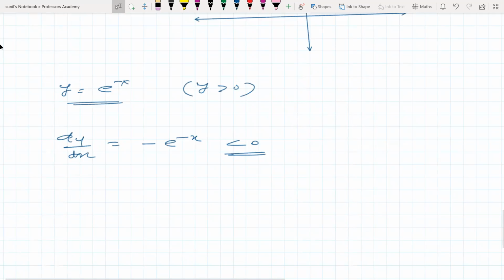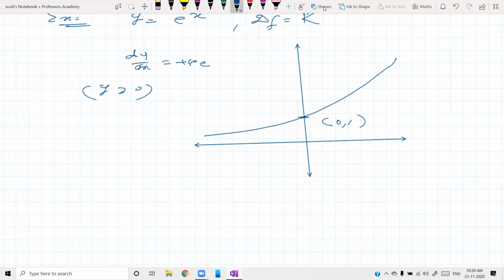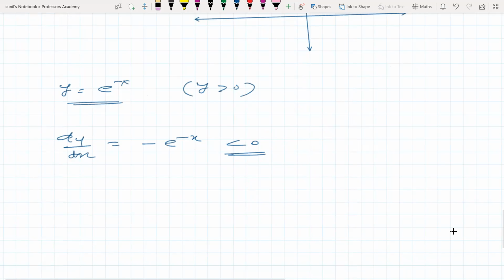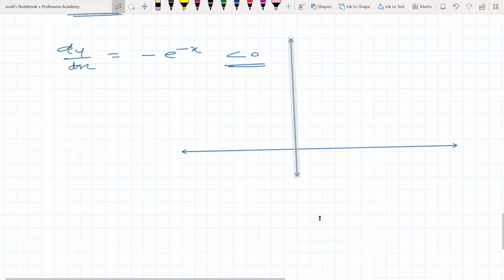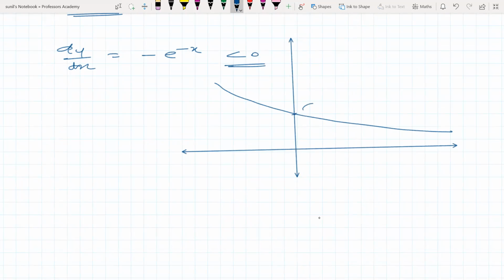So this is a decreasing function. So here you can see that the graph is coming down. Let me draw the graph of e raised to minus x, something like this. This is also passing through the point 0, 1. This is decreasing because the derivative is negative.